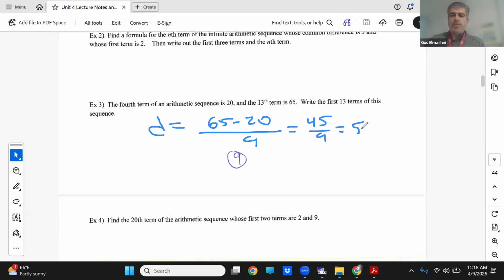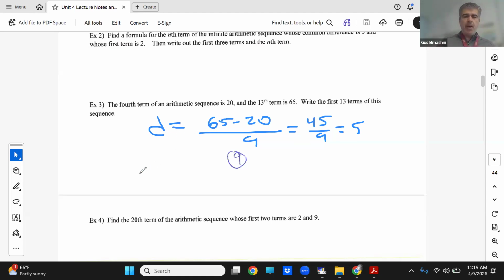Okay, what do you get for the common difference? Yeah, and what you could do is subtract the 2 terms, but to go from the 4th term to the 13th term, you have to apply the common difference 9 times. So you're going to the 5th, the 6th, the 7th, the 8th, the 9th, the 10th, the 11th, 12th, the 13th, right? So you're adding the common difference 9 times. So it's 5.